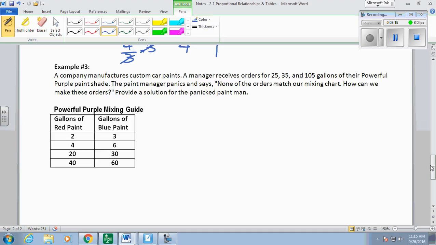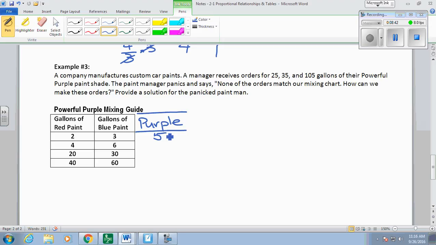Some alliteration for you. So they have given us this chart here, and they are showing us how many gallons of red paint we need and blue paint to make the purple paint. So it's almost like this chart is missing for us to interpret how many gallons total of purple paint we're going to be making. So the total gallons of purple paint in this one, 2 plus 3, would give us that there are 5 gallons that are being produced.